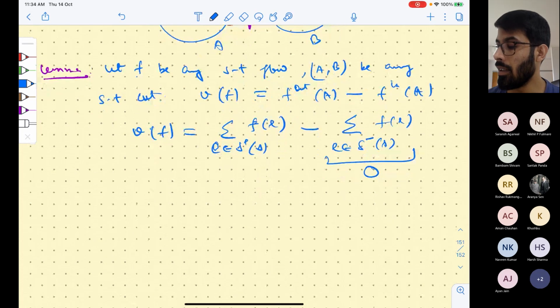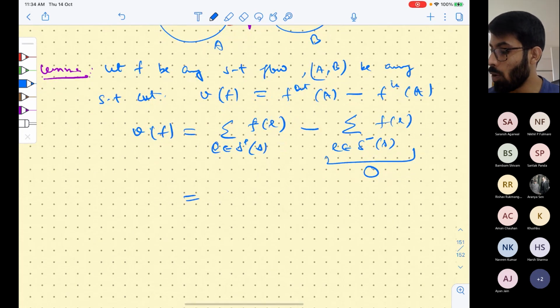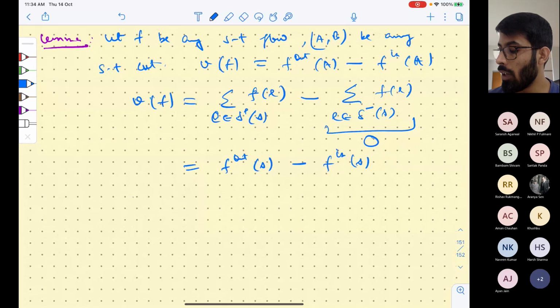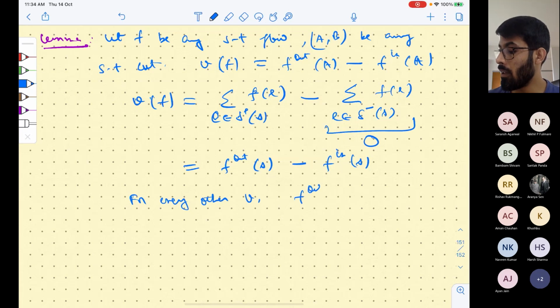This is basically F out of S minus F in of S. We had defined F out and F in. And we know that for every other V in A, F out of V is equal to F in of V, because for T this is not true.